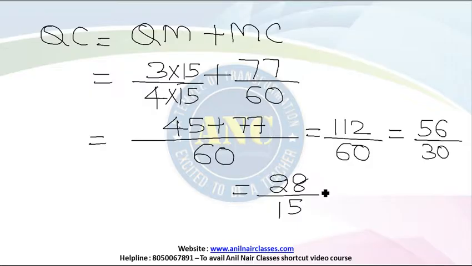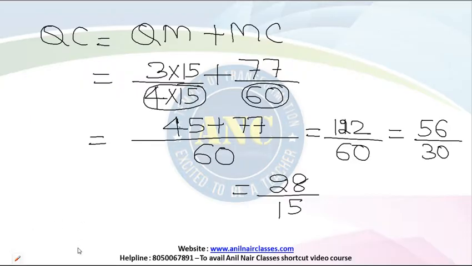Anywhere did I do calculation mistake? 0.75 is 3 by 4, but I want it to be 60. 4 into 15, 3 into 15. So total denominator in both the cases is 60. 45 plus 77. 70 plus 40 is 110. 7 plus 5 is 12. It is 122. This is where I made a mistake.